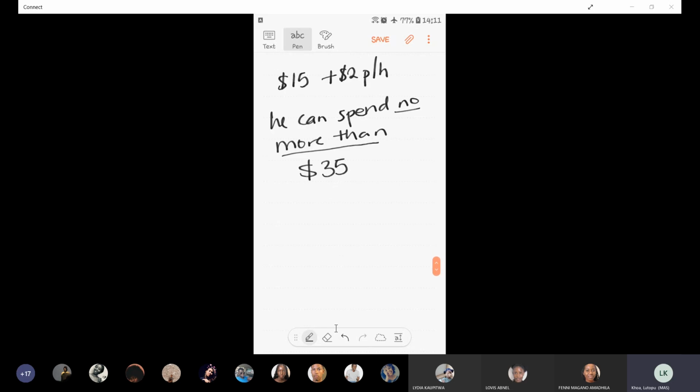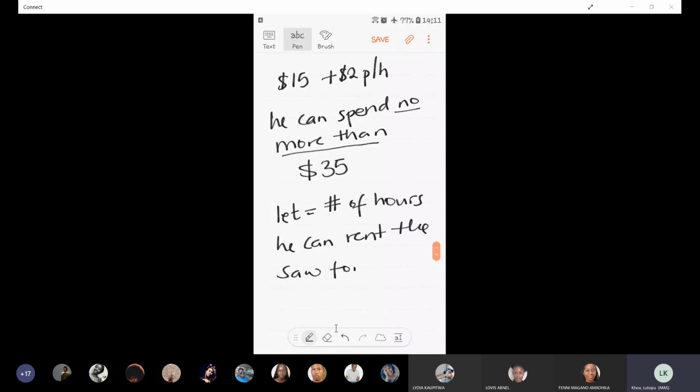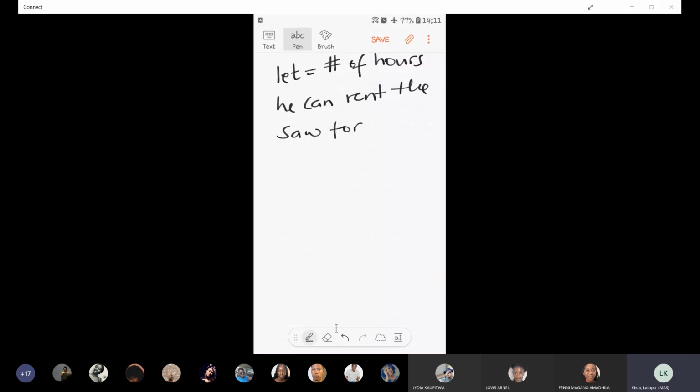So what we do is we let x equal to the number of hours you can rent the saw for. Okay, so if x is the number of hours that he can rent it for, then his costs will be, first he must pay the $15 that is given, and then he must pay $2 per hour, and he is renting it for x hours.